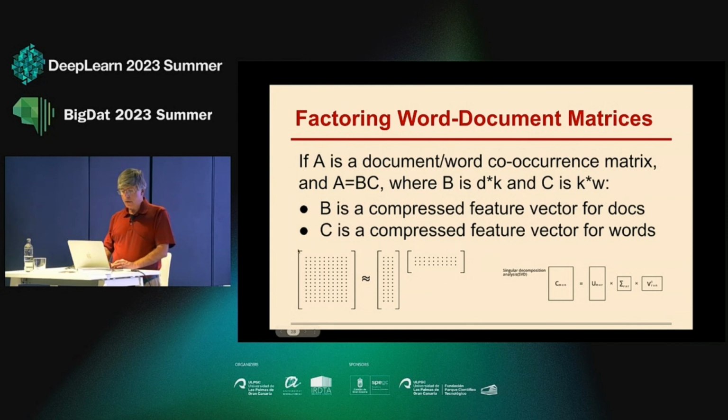Here you've got your data matrix. Suppose I could factor my data matrix, where the data matrix is the counts: how often is this word used next to that other word? If this was an n by n matrix, I factor it into an n by k matrix times a k by n matrix.